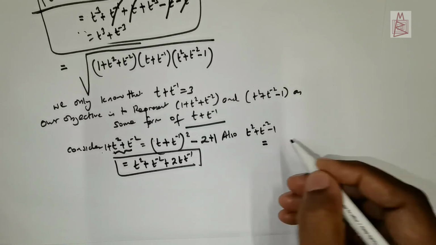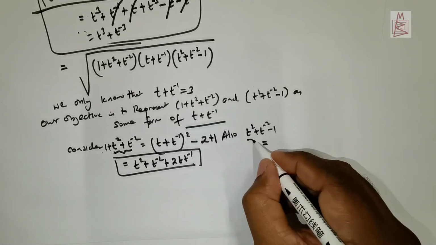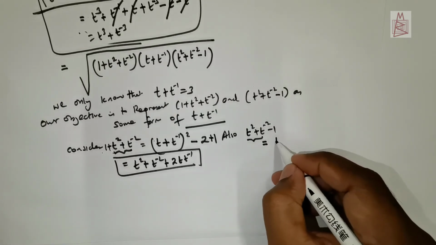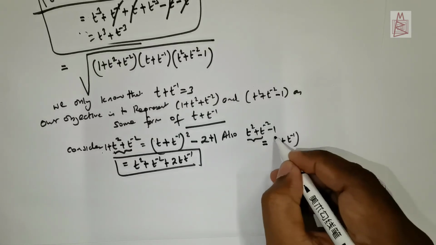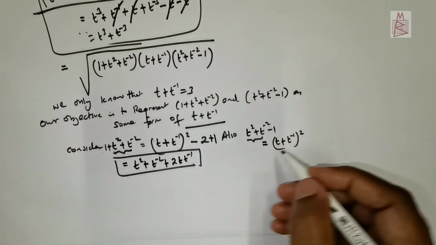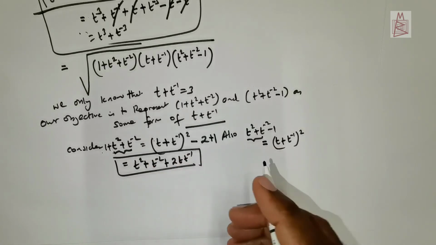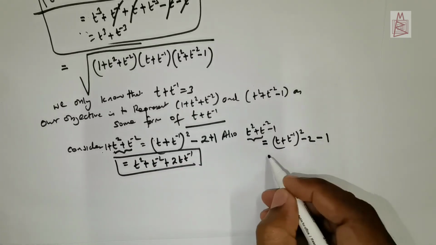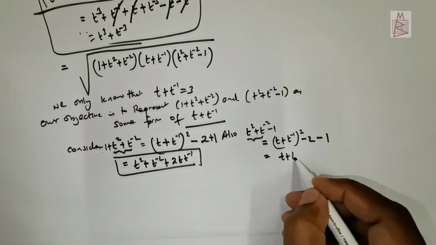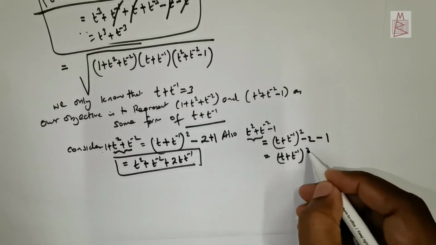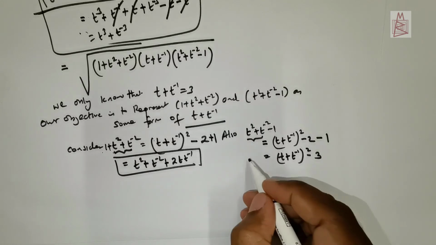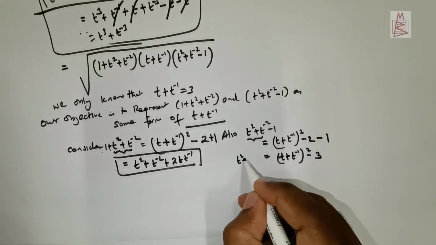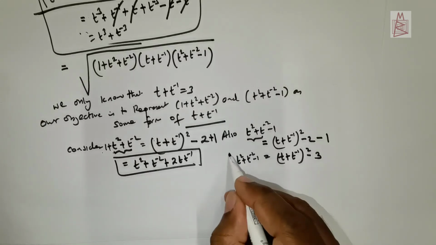So I know this is going to be equal to (t + t^(-1)) the whole squared. When I expand this, I'm able to get this, but there is minus 2 followed by minus 1, which means I've got (t + t^(-1))^2 - 3, for t^2 + t^(-2) - 1.